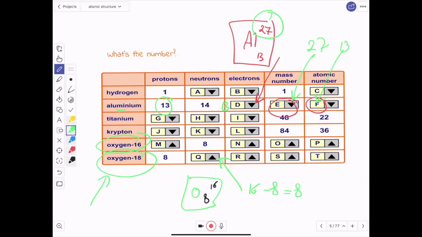This applies to oxygen 16. What about oxygen 18? You check here, it's going to be again 18 minus 8, that is 10 neutrons. So you could see here between those two isotopes, the only value that will change is the number of neutrons.